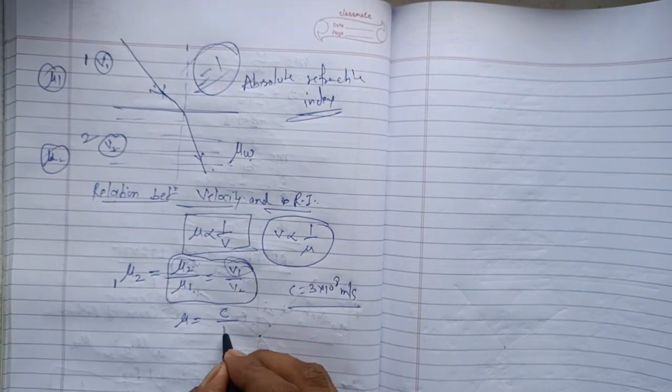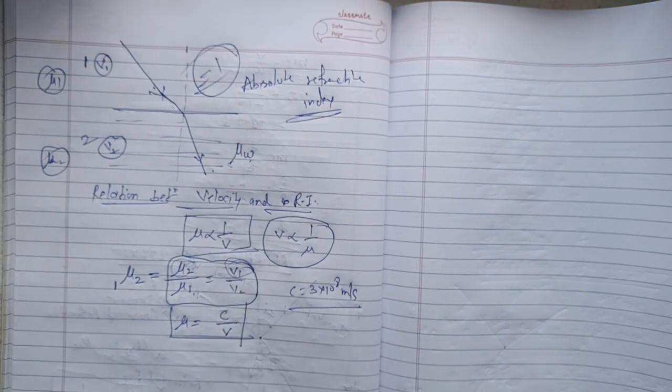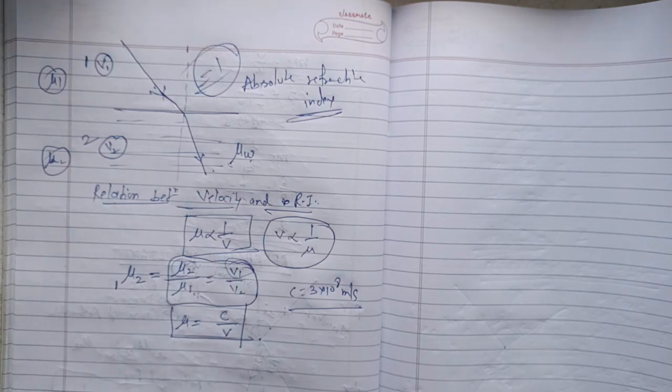And suppose the speed of light in the other medium is v. So this is also a relation when one medium is vacuum. We can write simply mu equals c by v, where c is the speed of light in vacuum, v is the speed of light in the medium of which we need to find the refractive index, and mu is the refractive index of that medium.